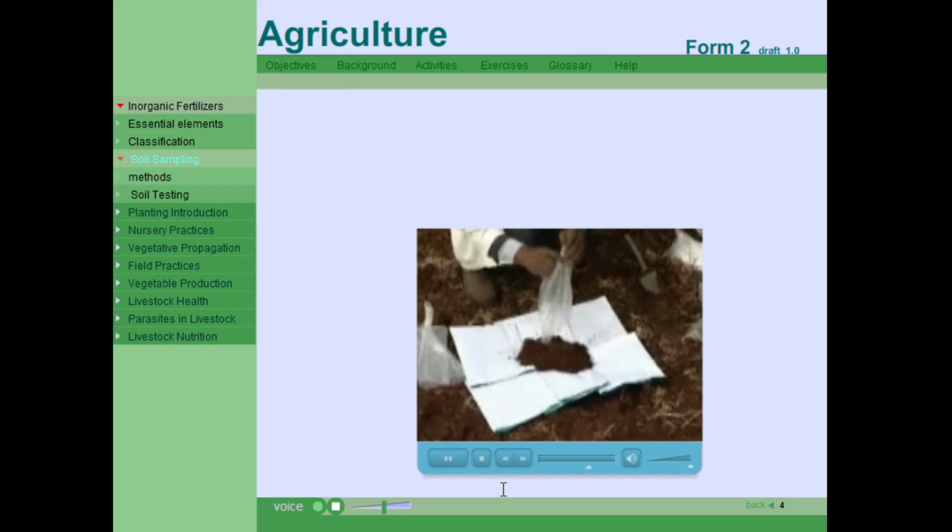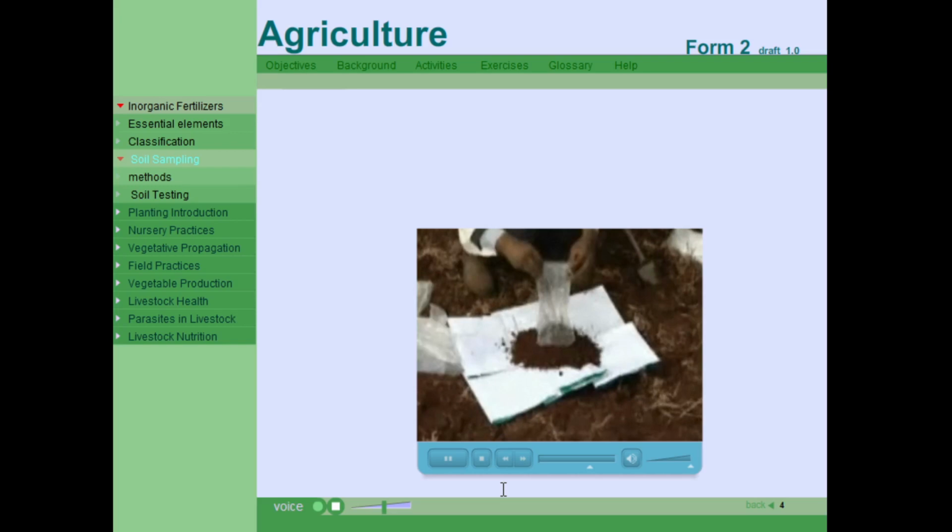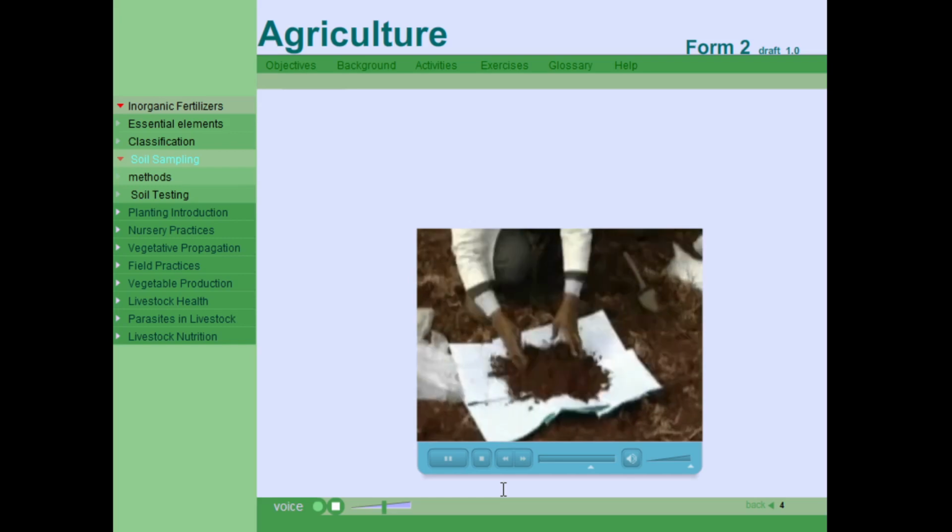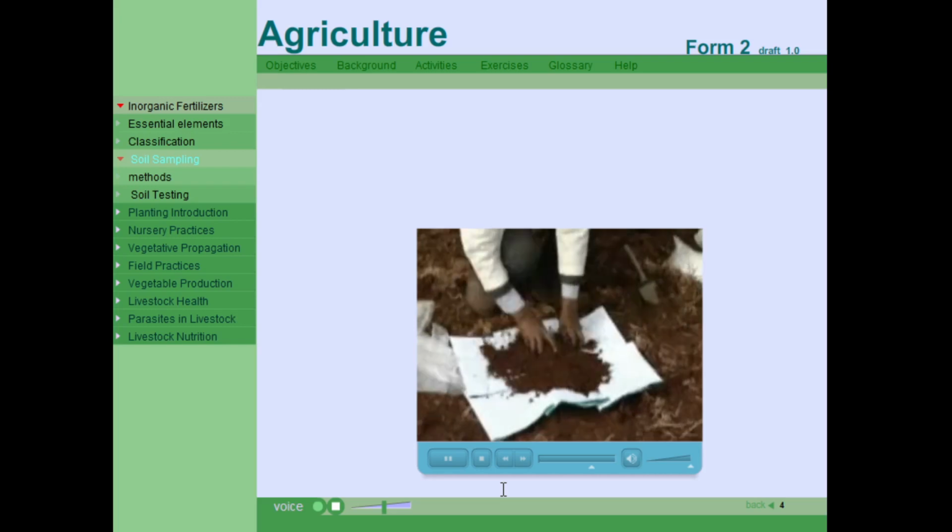All the samples have to be put on the mat. We shall very thoroughly mix our sample, ensuring that the contents of each bag mix with the content of all the other bags. This is very important during soil sampling.